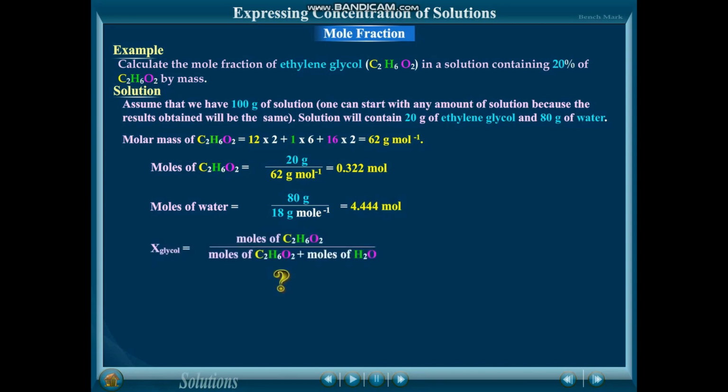So the mole fraction of ethylene glycol, we have learned the formula earlier. It is moles of that component, here ethylene glycol, divided by the total number of moles. We have calculated the moles of ethylene glycol and the moles of water also. The sum is moles of ethylene glycol plus moles of water.